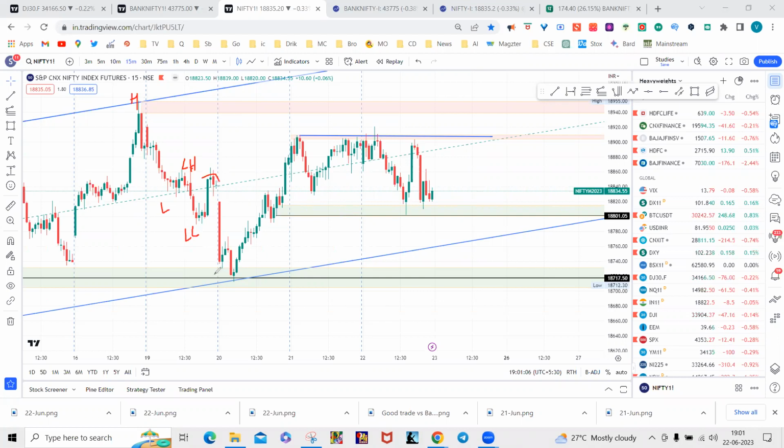Initially it's the same zone. So the price made lower high, lower low on a 15-minute time frame. You could see the first higher low which emerged here is the same higher high which the price printed, and again it confirmed by making a higher high and higher low.